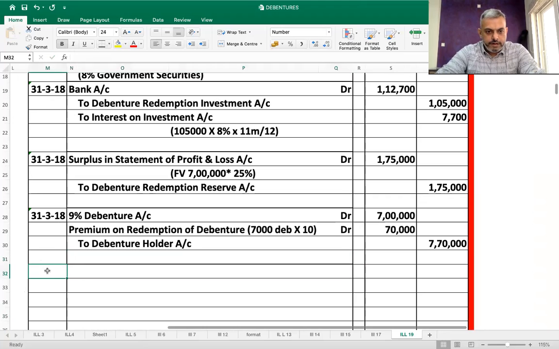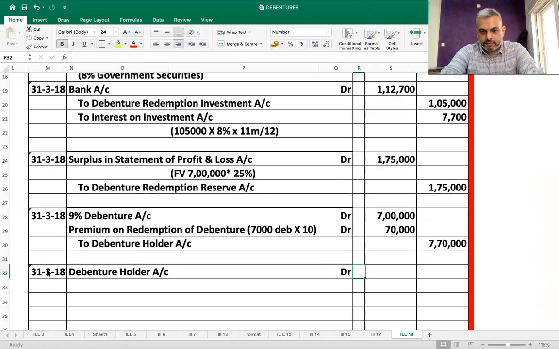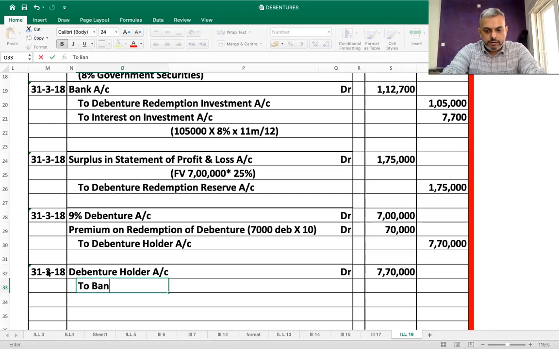And then let's pay off our liability. Debenture holder account debit to bank account.